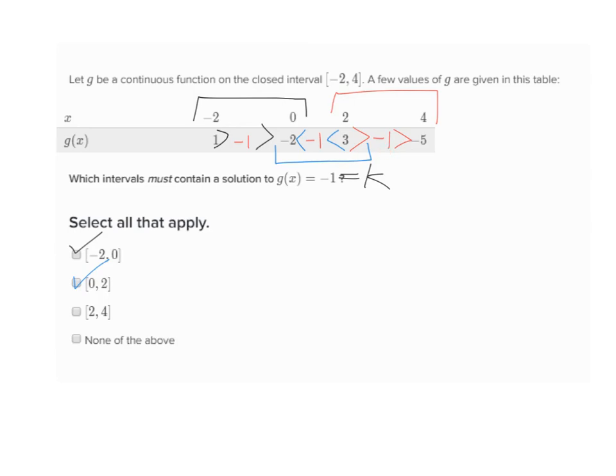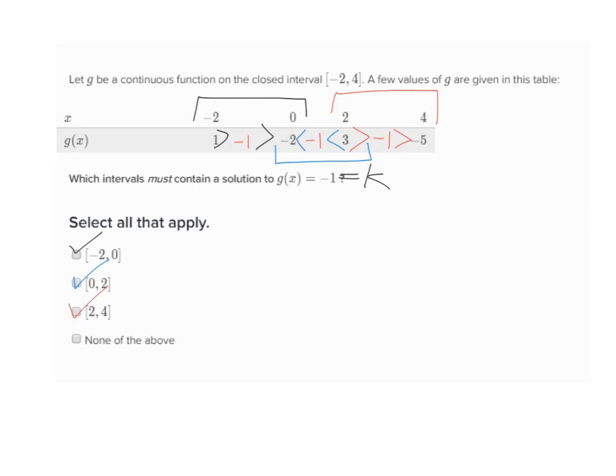That's all that we're really asking here. We're not even asking for the solution. They're just asking, is there a solution in this interval? And there is. There has to be, because -1 is between 3 and -5. Therefore, the x value that we plugged into this function to get -1 has to be between 2 and 4. That's it. So all 3 of those apply, and that one actually requires that you click all 3 of those to get it correct.